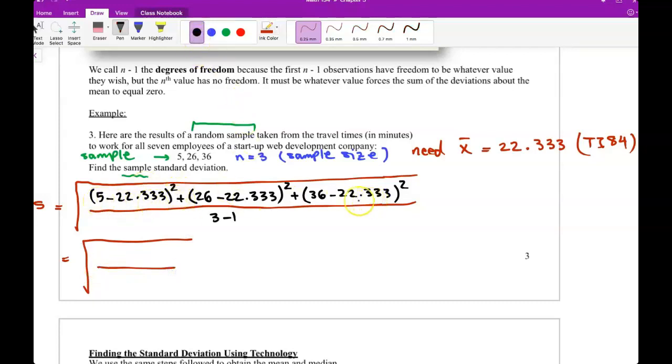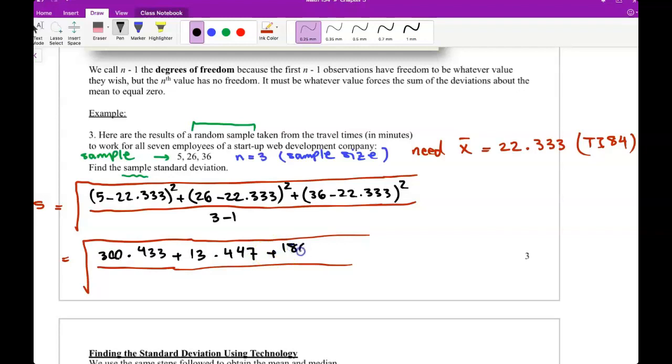Subtract, square, and add all these numbers. I'm gonna write each one first and then add. This part is 300.433 plus 13.447 plus 186.787, divided by 2, because we have 3 minus 1, sample size minus 1.